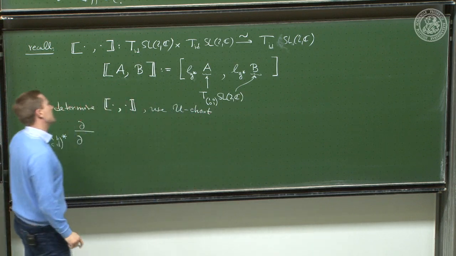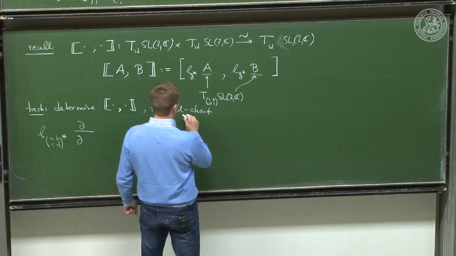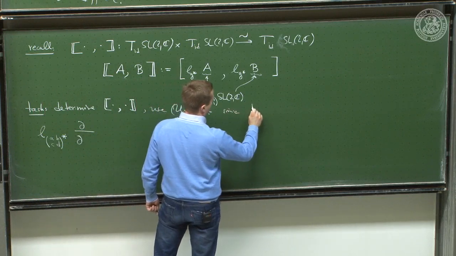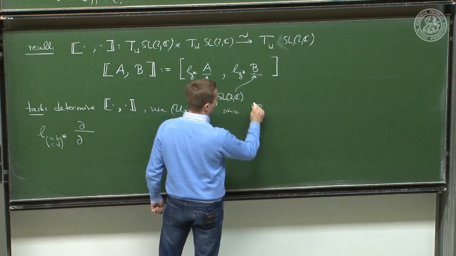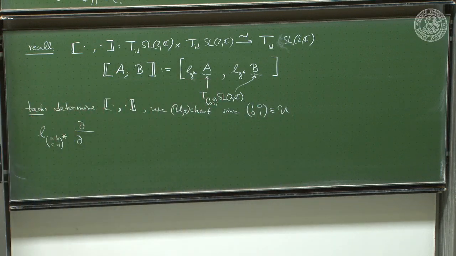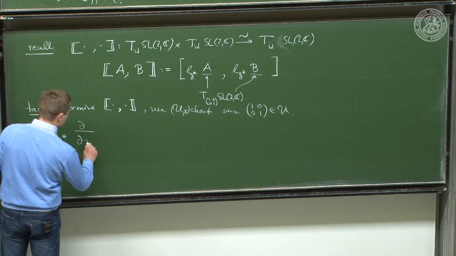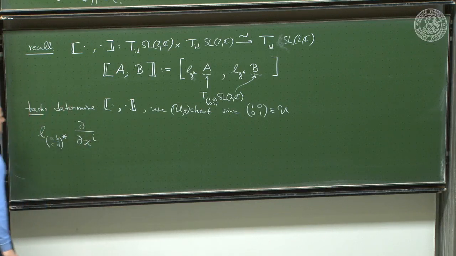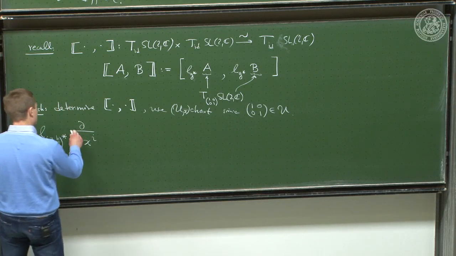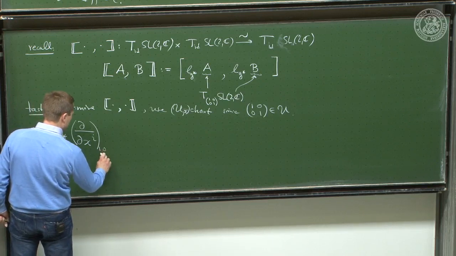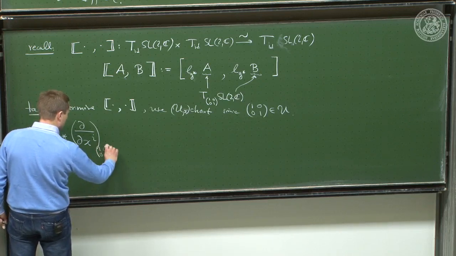because that covers the identity, since 1, 0, 0, 1 is an element covered by the U. So I take the U chart with its x coordinates, and these x coordinates run from 1, 2, 3, so I can act on the ith tangent vector, and we always have to say where, at this point, at the identity.